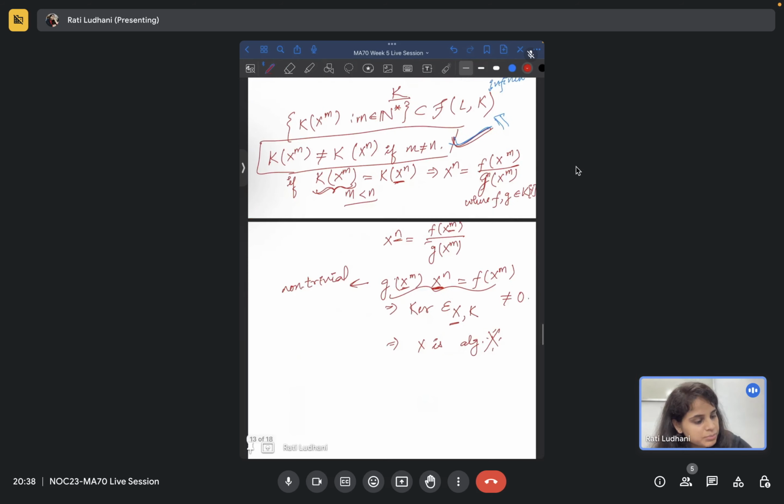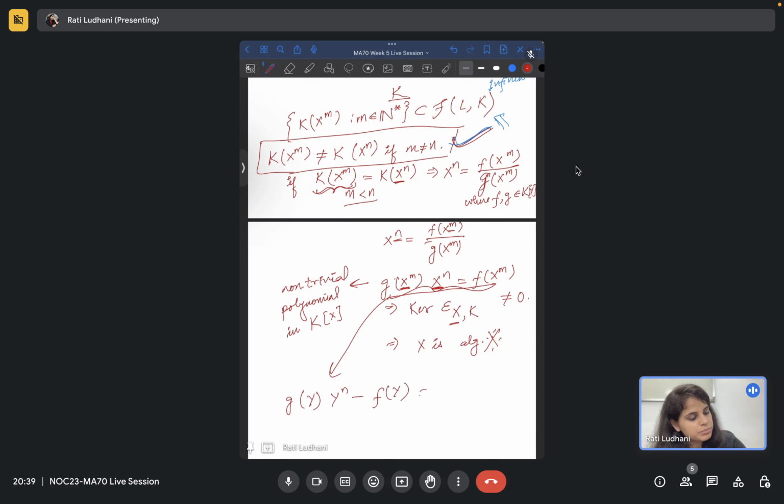So it is a non-trivial polynomial in k[X], where, say, g(y) y^n minus f(y).